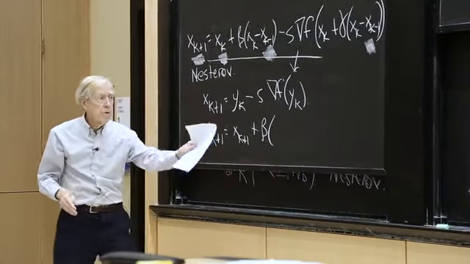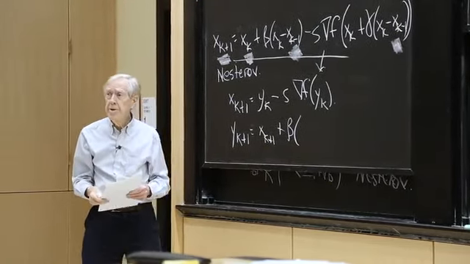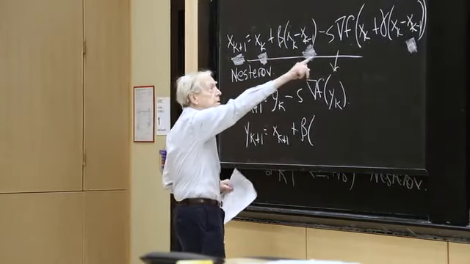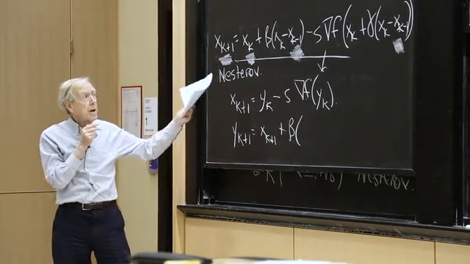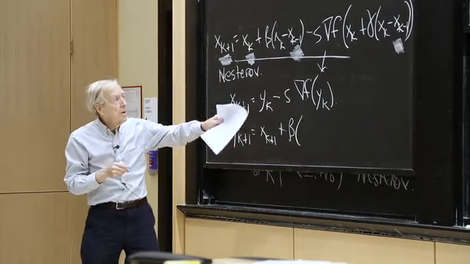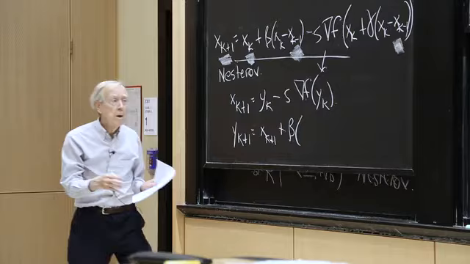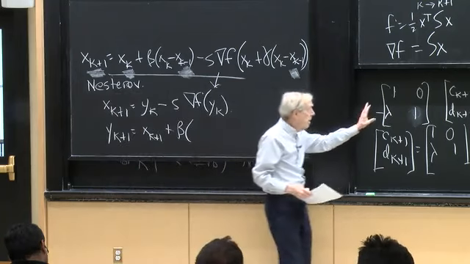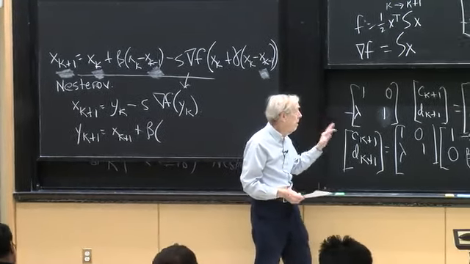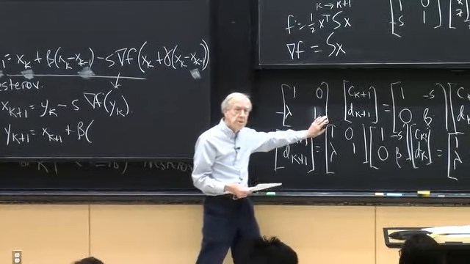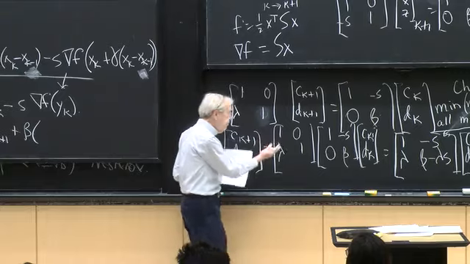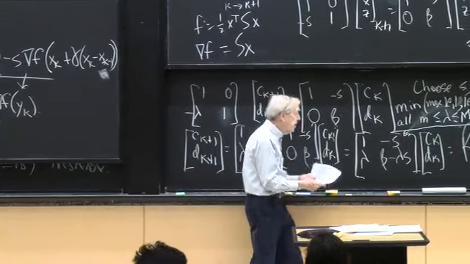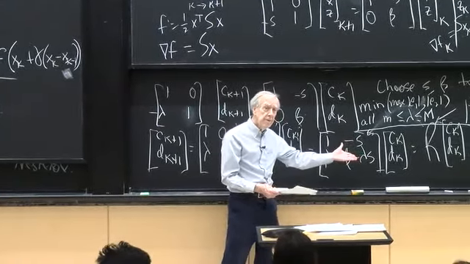I don't propose, of course, to repeat these steps for Nesterov, but you see what you could do. You see that it involves k minus 1, k and k plus 1. You write it as a coupled system that's a one step that has a matrix. You find the matrix. You find the eigenvalues of the matrix.